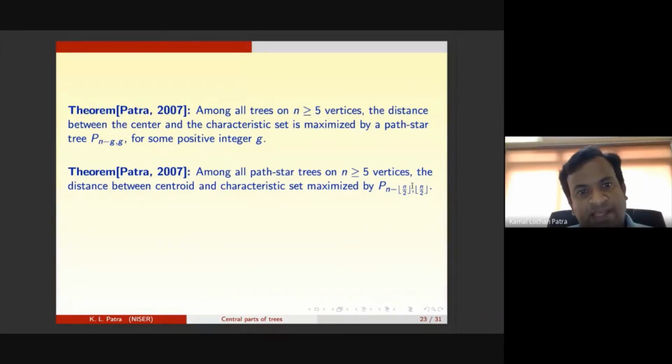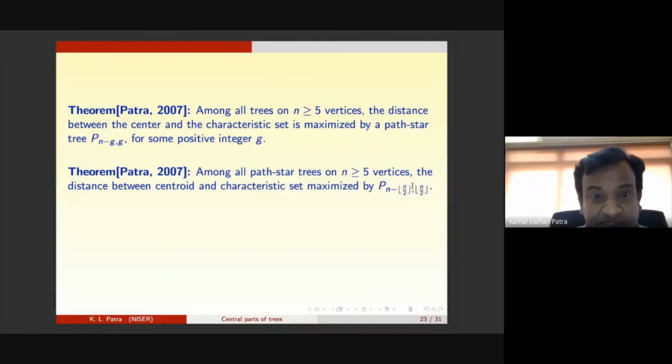Like center and centroid, the distance we calculated, but for center and characteristic set, it is really difficult to say exactly what the maximum distance is, though for centroid, we know which tree gives the maximum.